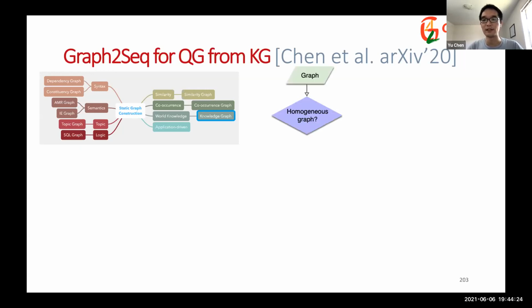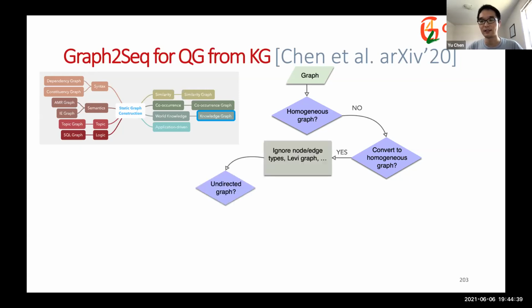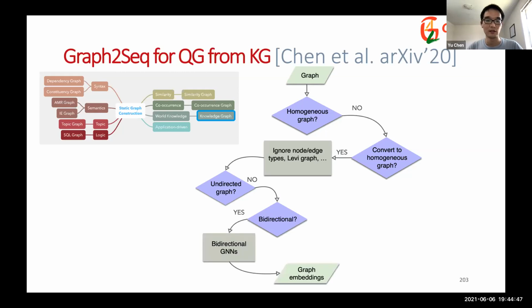In terms of graph representation learning, because it's not a homogeneous graph, it's a KG subgraph which contains various node types and edge types, we cannot directly apply homogeneous GNNs. So the authors first converted the non-homogeneous graphs to homogeneous graphs. And because it's a directed graph, they applied bidirectional GNNs. Again, they also use the BiFuse GNN as the graph encoder.